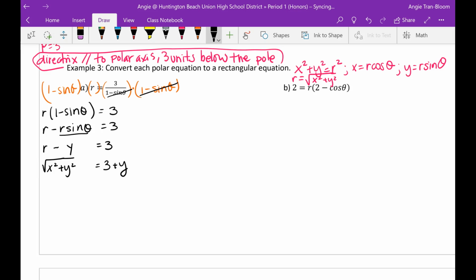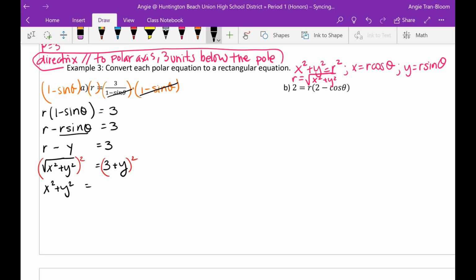I need to put it in a format that is easy for me to graph, like the standard form. So what is next is I'm going to square both sides, because right now that doesn't look like the standard form.